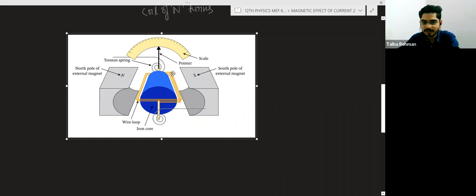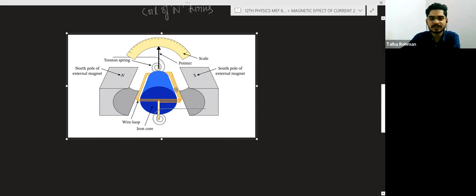These are the turns, and these are the magnets. This represents the north pole and this represents the south pole. The magnet is used to produce the magnetic field. And here is the scale, and this is a pointer, and this pointer is connected with some spring.